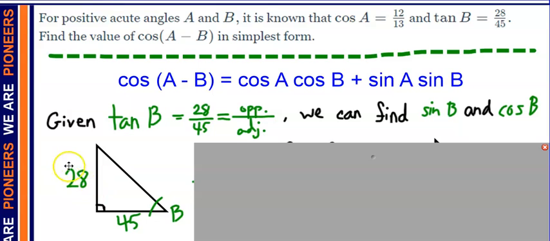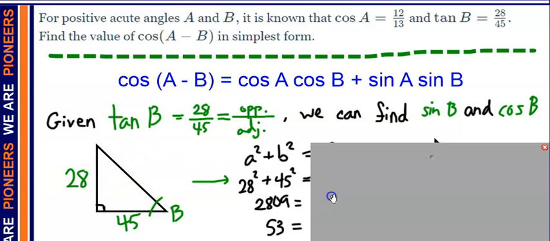We have the opposite side, which is 28, and the adjacent side of 45. But both sine B and cosine B depend on the hypotenuse being the denominator of a fraction. So we need to find the hypotenuse. Use the Pythagorean formula again, but this time we need to find C. Follow the steps correctly, and you see that for this problem C is equal to 53.